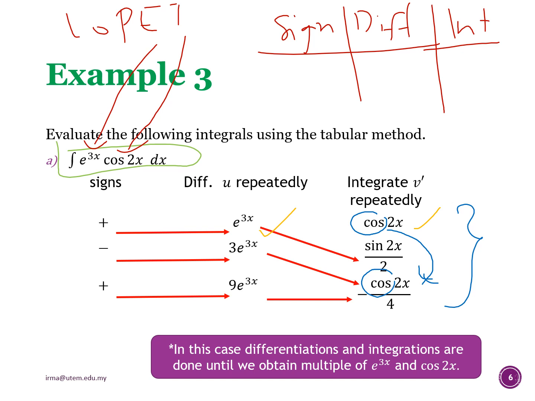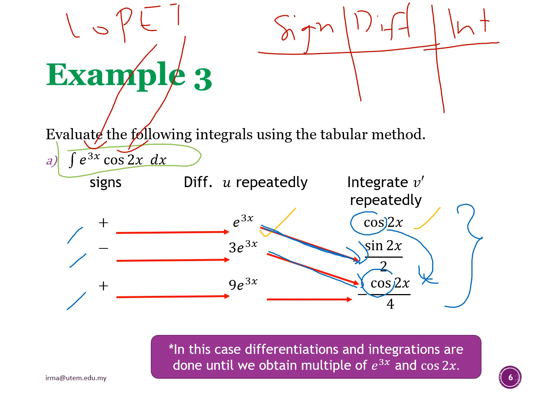Just now when you put the signs positive, negative, and positive, you need to multiply with the functions to differentiate and integrate. So you multiply the first and second, next is second and third.